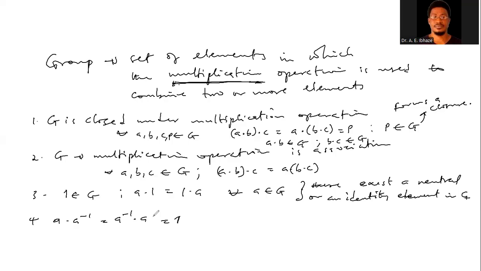So if the inverse of the element does not exist in that group, then it does not form a group. And also, G is commutative, such that A dot B is the same as B dot A for all elements A, B, C being elements of G.